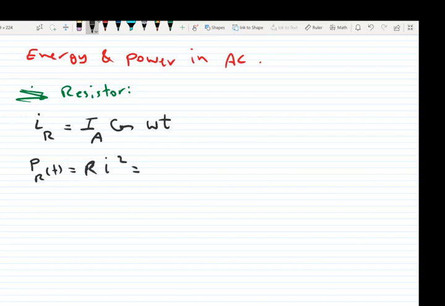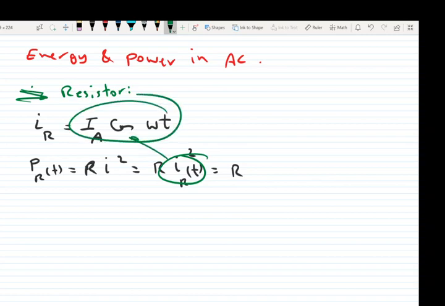So it's equal to R i square, because it is a sinusoidal signal, we say i(t) square. So it's equal to R, and instead of i, we replace it with this value.